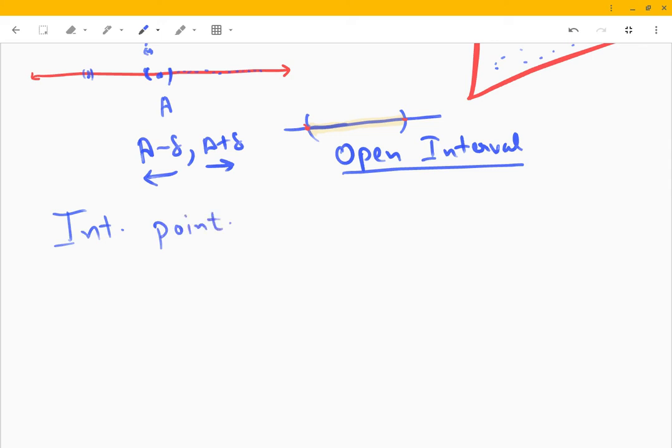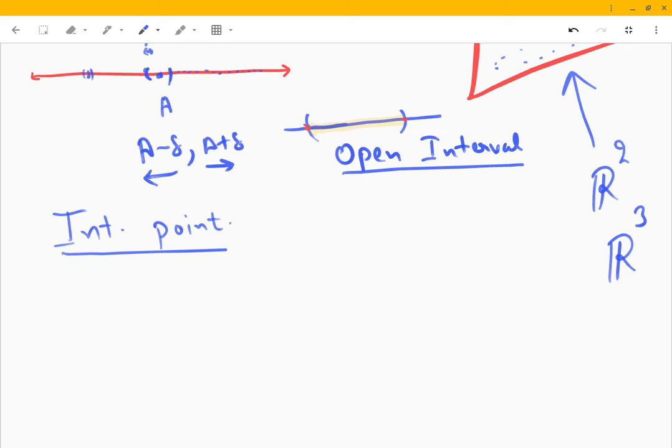Interior point of a set. Now, a set can have discrete points, continuous intervals. A set can have two tuples in R2, three tuples in R3. Okay, so set is a general term. Interior point is a general term. Okay, so what is an interior point?